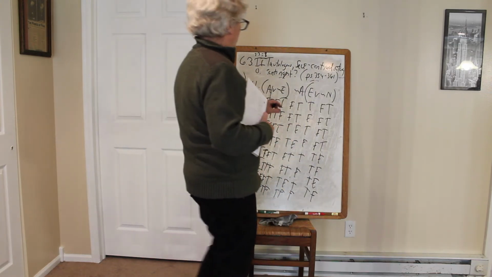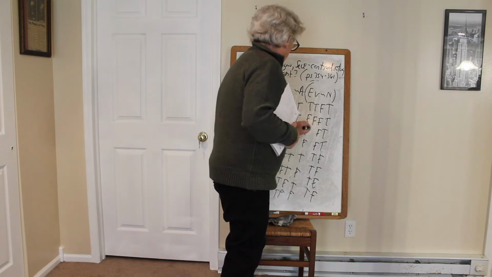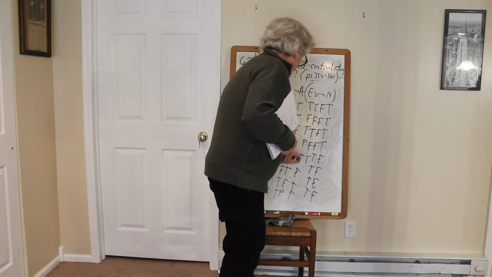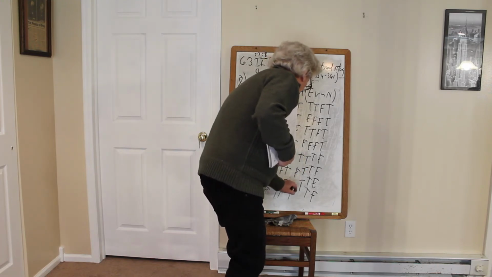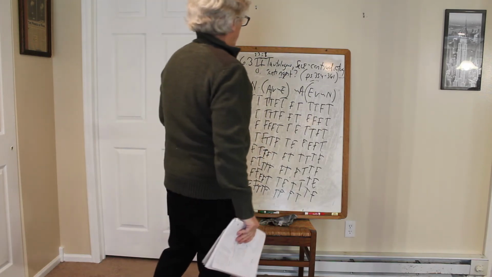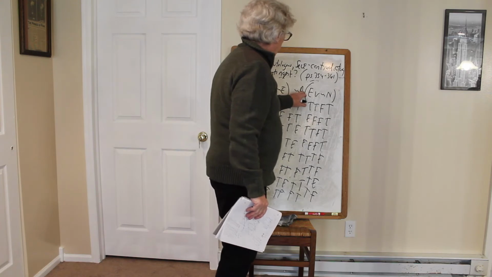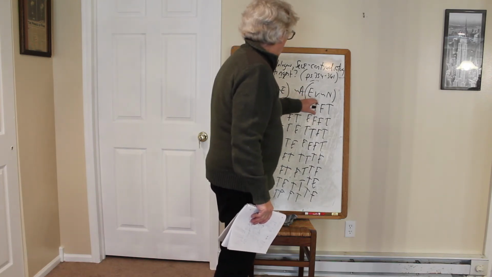Then I have to get T or F is T, F or F is F, T or F is T, F or F is F, T or T is T, F or T is T, T or T is T, and F or T is T. Okay, so I have to then get this conjunction here, the major operator of the second formula, so it's the negation line with the or line.